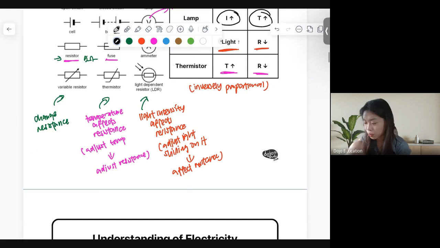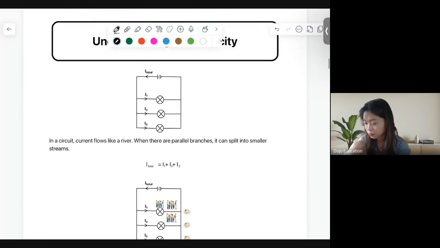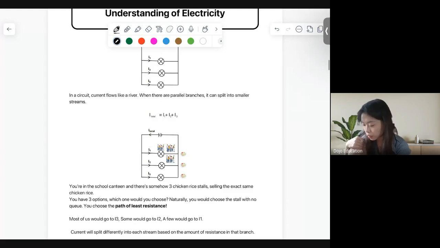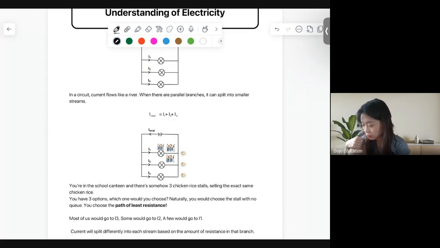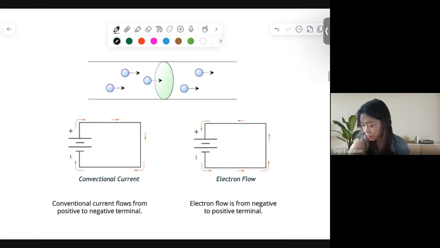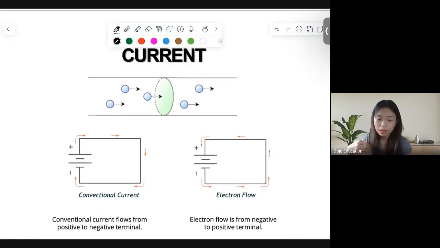Okay, so for the next one, I'll go through this part first. For current, just take note, these are the questions that will come out during MCQ especially. They'll ask what's the direction of the current when it's conventional current.